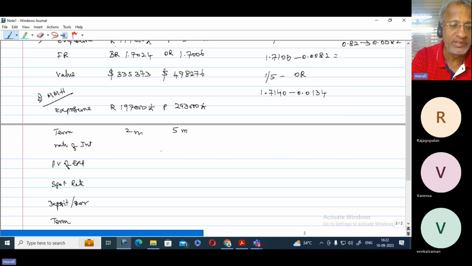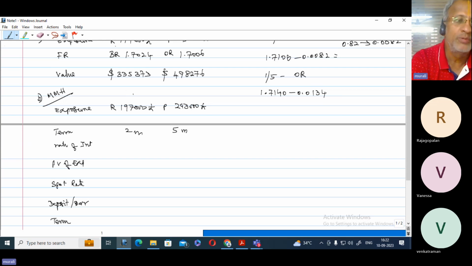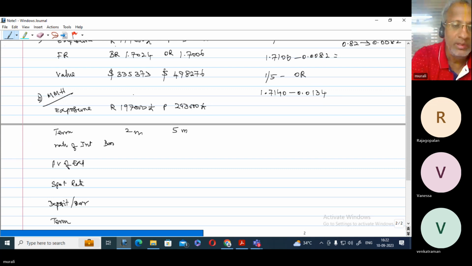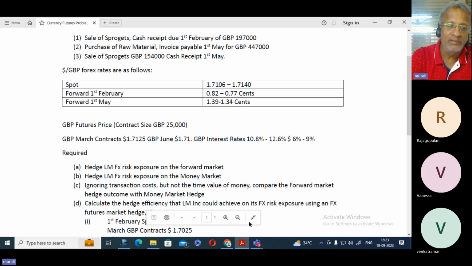So rates of interest. In the case of receivable exposure in the foreign country, we are expected to discount the bill, so borrowing rate. And for the payable, in the foreign country, we are expected to deposit. So borrowing rate will always be higher, deposit rate will always be lower. So that is in London. We are a US based company.